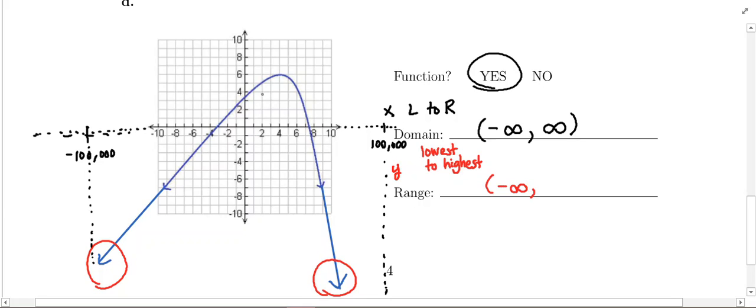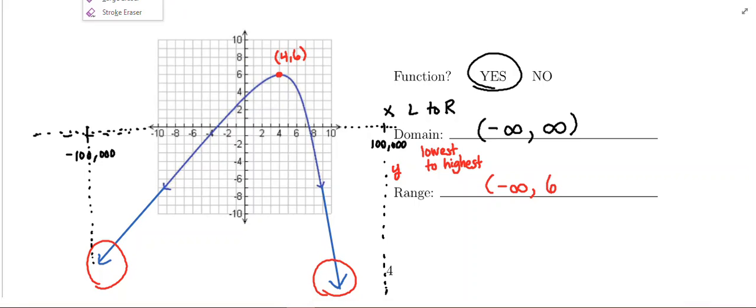You do reach a highest point on the curve. It's right here, and this point has coordinates 4, 6. So that's the highest point on the graph, and you need to write down its y value. The y value here is 6. As far as whether you want to include the 6 or not, remember there's no big fat open circle at this point.